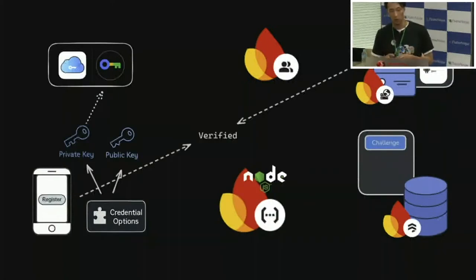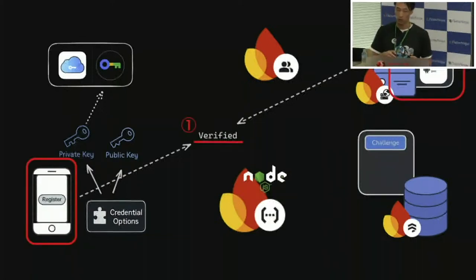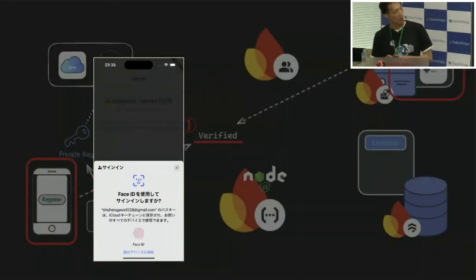And next, we will be issuing the key pairs on the client side. Before issuing the key pairs, the application will be verified with the association files hosted on the hosting server, to verify if the application that is trying to use the passkey is the expected application or not. After verifying, we will have the biometric dialog.